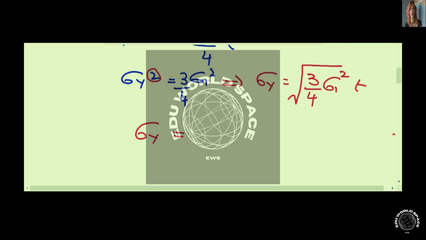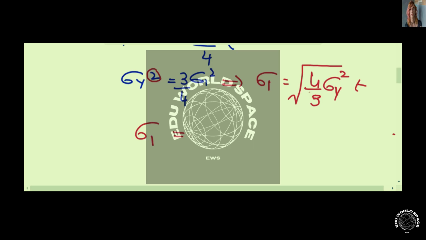My mistake. Before taking the square root, I had to rearrange it. So here will be the value of sigma sub 1 and 4 divided by 3, and this would be the yield stress. Now we have the value of the yield stress.